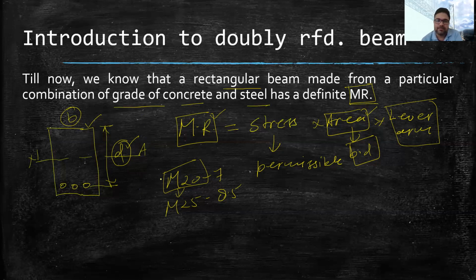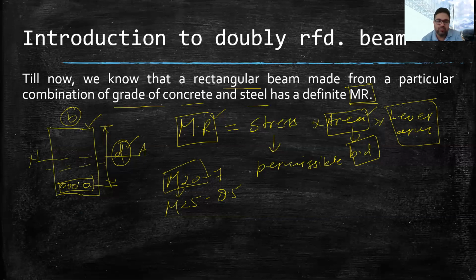So in that case, we are again left with one more option, and that option is to increase the quantity of the steel. Now here we have a definite quantity of the steel, but what we can do is increase the quantity of the steel, and to balance this steel area, the neutral axis will get down, say like this.